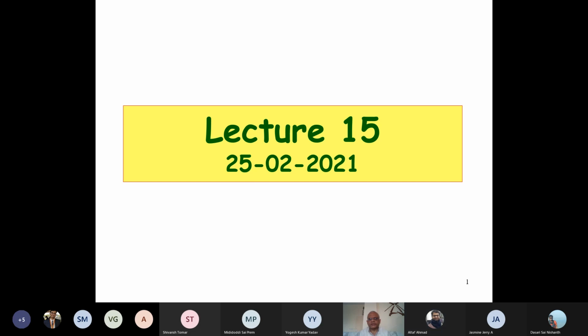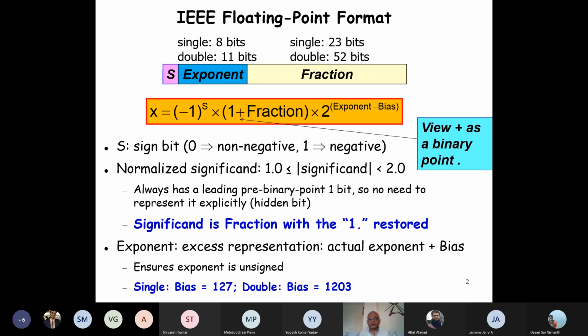So we'll just get started with what we were doing last time. We are looking at the representation of floating point numbers in the IEEE floating point format. We had said that this is one standardization effort which has become very successful, used almost in every computer.